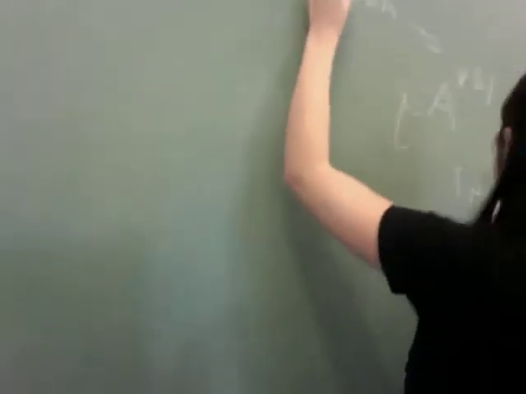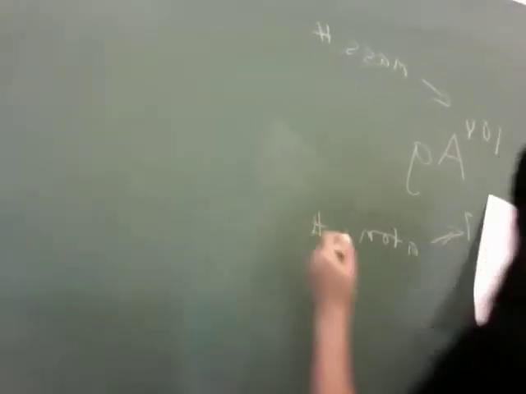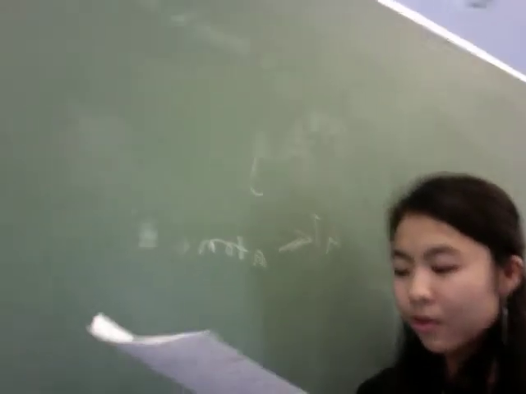The top number represents the mass number, and the bottom is the atomic number. Since the nucleus consists of neutrons and protons, we can use the atomic mass to figure out the number of protons and neutrons in the element.